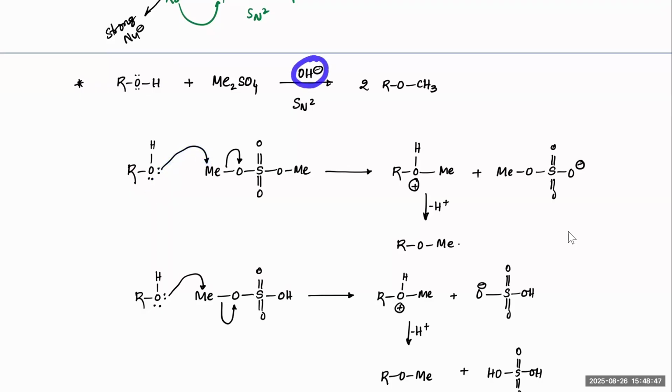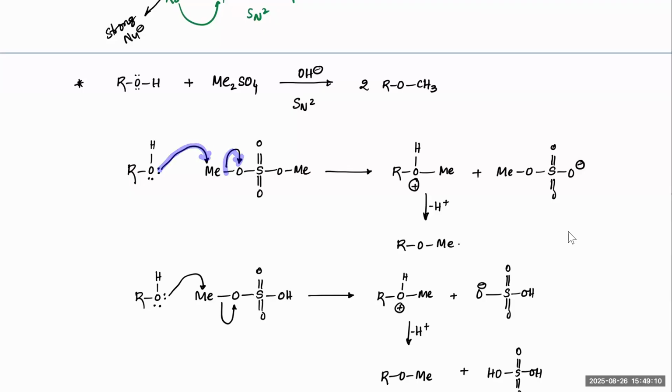Or even if OH minus is not there, the reaction will take place, but it will be a slow process. The alcohol will attack on the methyl group, making this O minus. Why this is easy to break is because this part of sulfate is a very good leaving group. Any sulfate form is a very good leaving group, so this can leave easily.